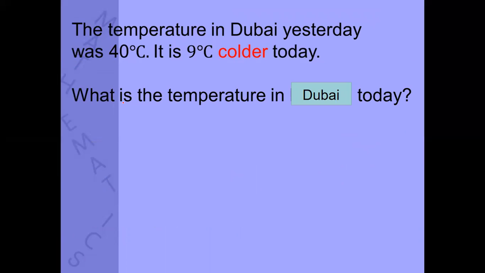Now, another one. The temperature in Dubai yesterday was 40 degrees Celsius. It is 9 degrees Celsius colder. When it's colder, that means it drops. What is the temperature in Dubai today? Therefore, if it's hotter, we are moving to the right. If it is colder, we are going to move to the left or move down.